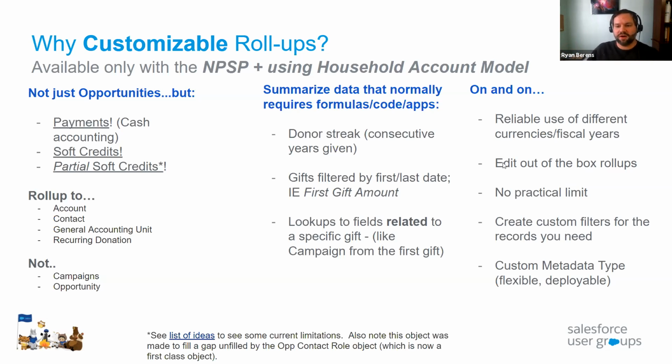If you configure for customizable rollups, you can then edit all the previous ones, all 87. There's no practical limit. You can add rollups to your heart's content, as long as you don't run into other issues, obviously, with data volume. But unlike standard objects, you're not limited to the number of rollups.